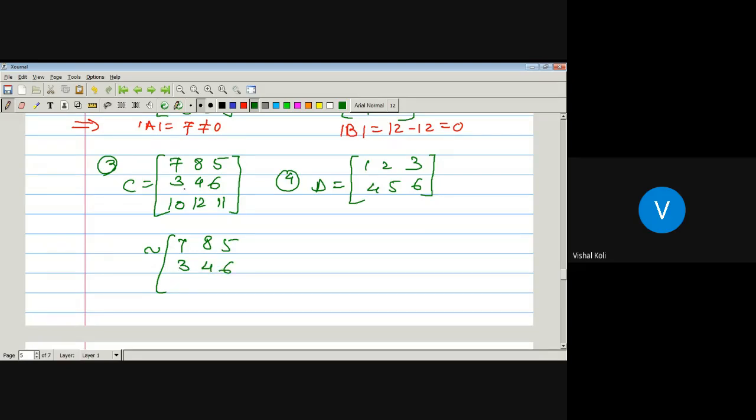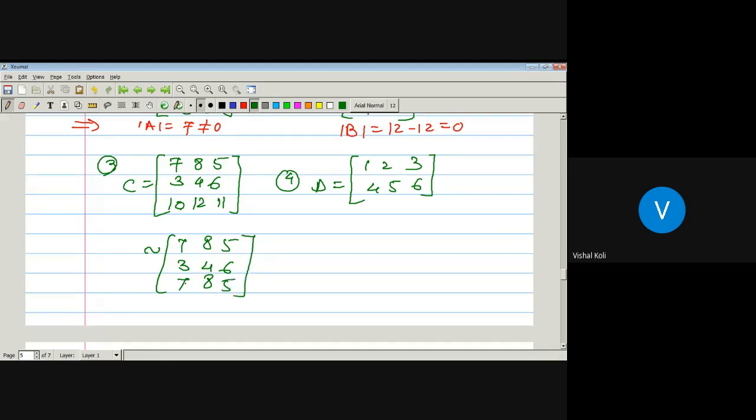The third row is just the sum of the first two rows: 7 plus 3 is 10, 8 plus 4 is 12, 6 plus 5 is 11. So let us make R3 minus R2: 10 minus 3 is 7, 12 minus 4 is 8, 11 minus 6 is 5.